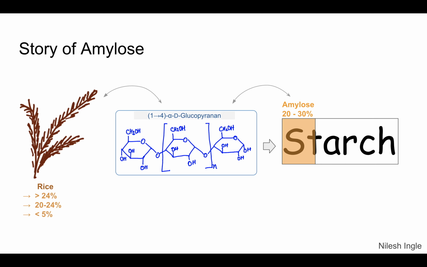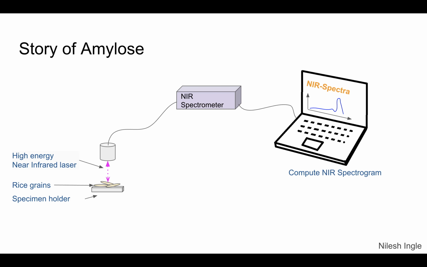So the objective here was to find the amylose content for different varieties of rice. I think they've studied around 100 different varieties of rice for which they have the spectroscopy data. So how does the spectroscopy work?